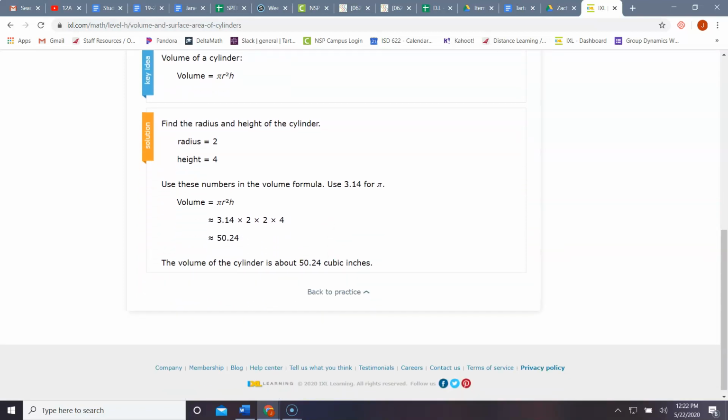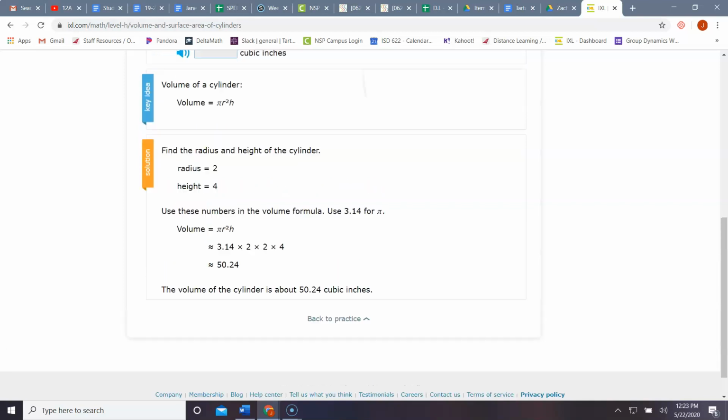So all we end up having to do is plugging in. We do pi 3.14 times 2 times 2, which is the same as 2 squared or r squared, times our height of 4, and we end up with 50.24.